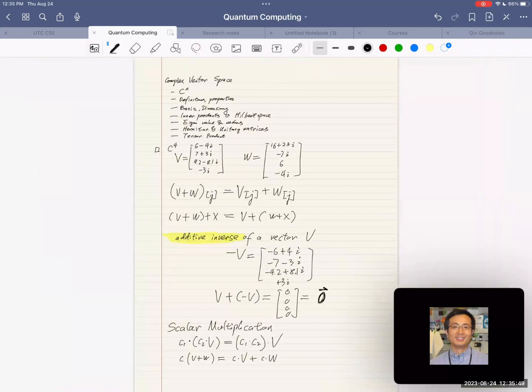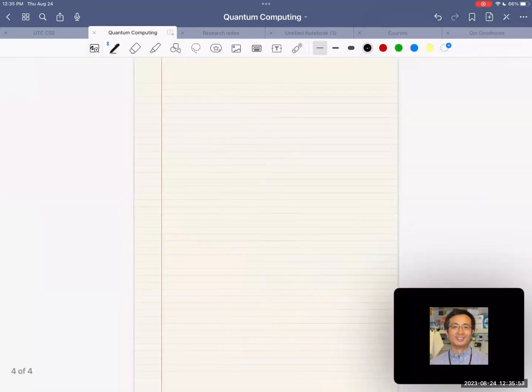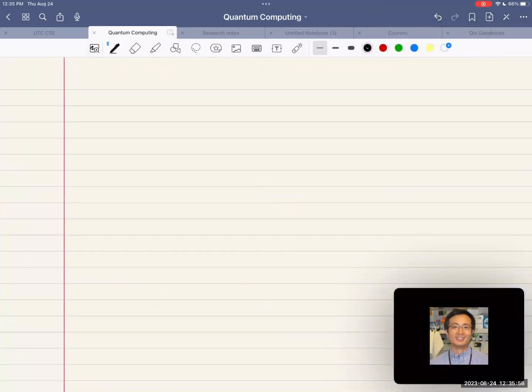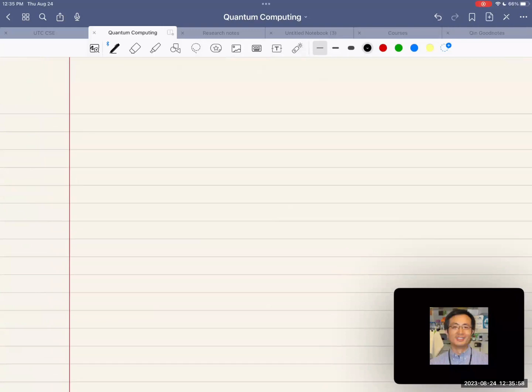Let me summarize the properties here. This actually is also summarized in the book. For our vector operation, we have commutativity.